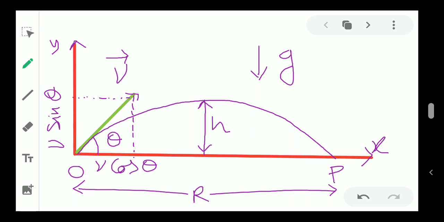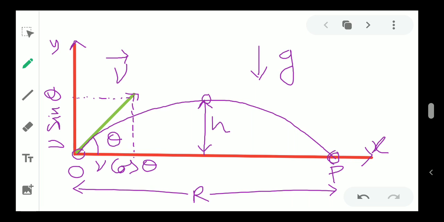When the missile goes upward, the velocity v sin theta slowly decreases and becomes 0 at the topmost point, and again due to g it comes back, and at this point the velocity is the same as at the initial point.